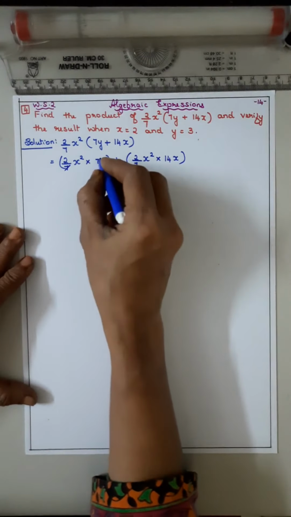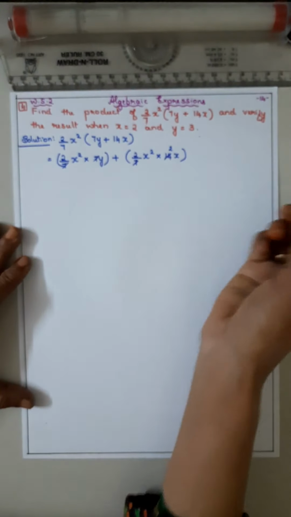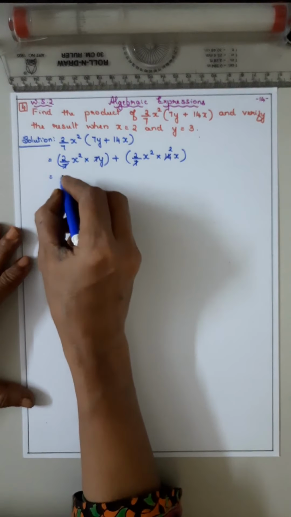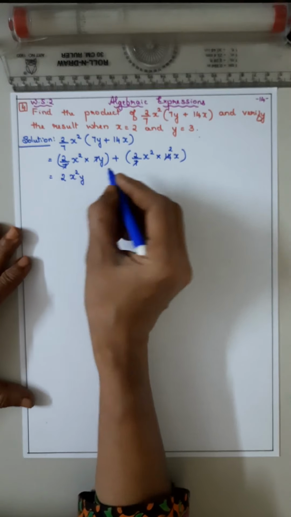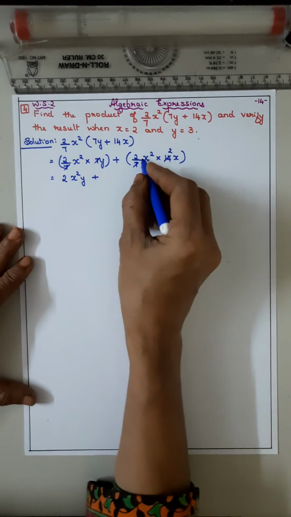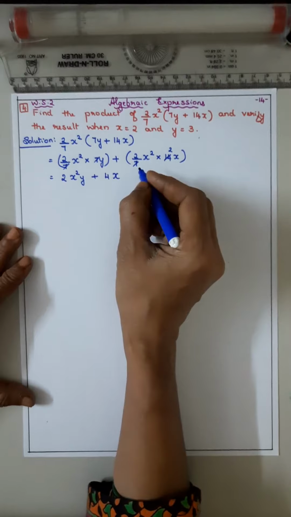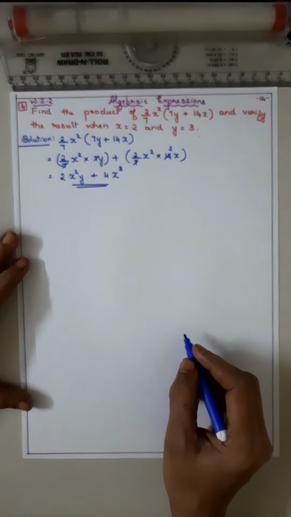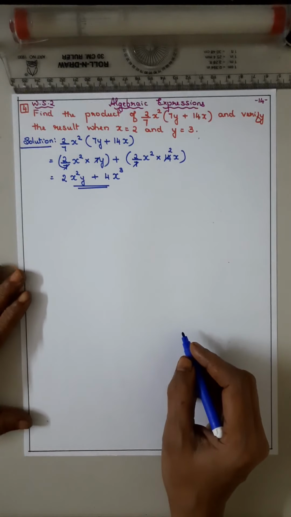Now 7 and 7 cancel. 7 ones are 7, 7 twos are 14. Now this becomes 2 ones are 2, then it is x squared and y, isn't it? Plus 2 twos are 4, then x squared and x, that is x cubed. So we got the answer 2x squared y plus 4x cubed.